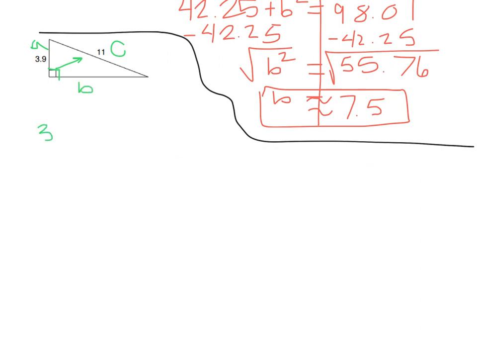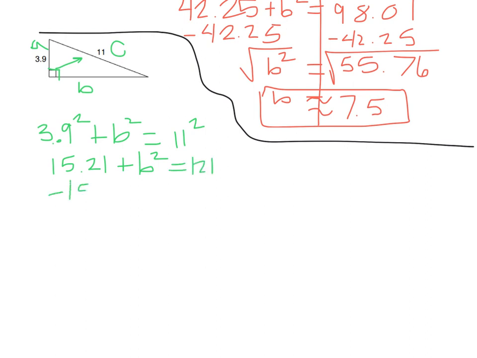Plug in what we know. A is 3.9 squared plus B, I don't know, squared equals C, which is 11 squared. Go ahead and multiply what those numbers are. 3.9 squared is 15.21. So 15.21 plus B squared equals 121.